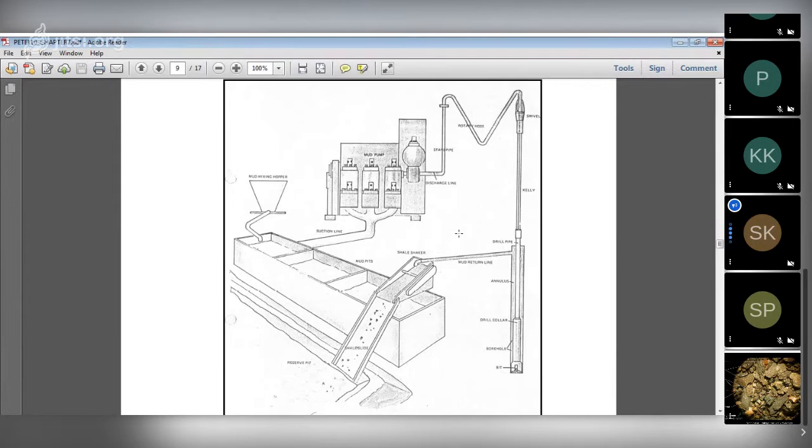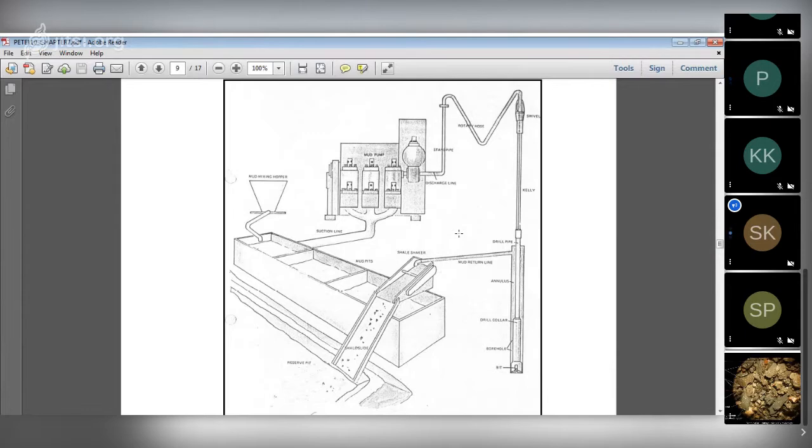So go to the internet and try to find out the components of the rig, like what is drawworks, what is a top drive, how the mud pit looks, what the pumps are, and what the drill pipes are. There are different types of drill pipes: drill collars, heavyweight drill pipes, and regular pipes. So what I want to tell you is to be familiar with the rig components.